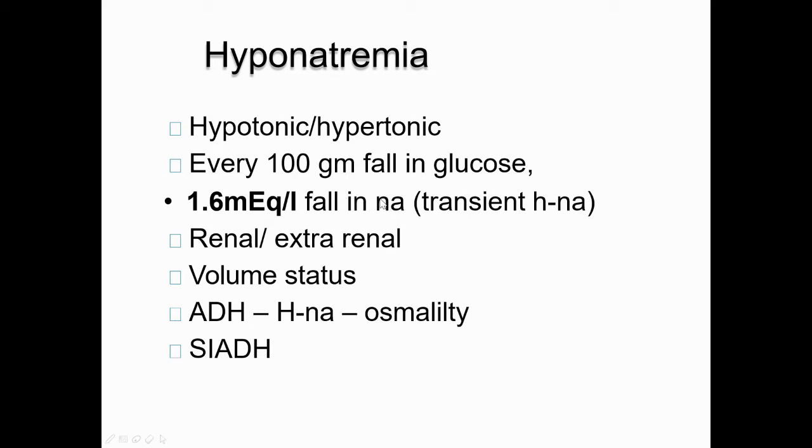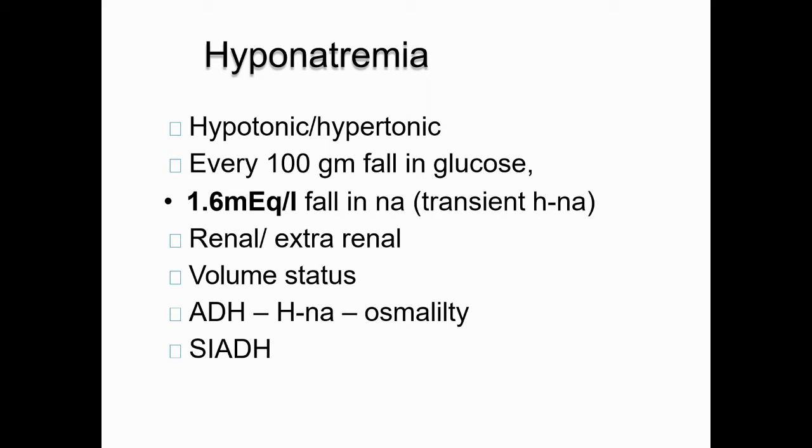It plays a vital role in case of hypotonic and hypertonic states. For every 100 of rise in glucose level, we get a 1.6 milli equivalents fall in sodium. So if glucose is raised by 100, 1.6 milli equivalents will be reduced in sodium level.